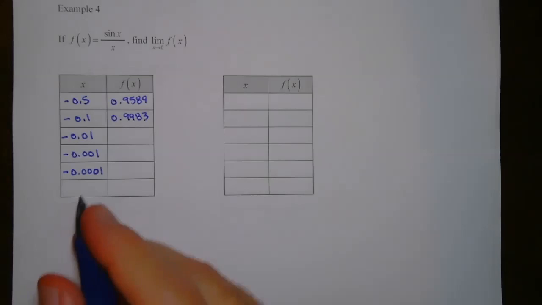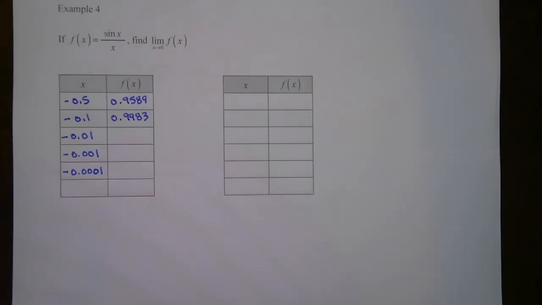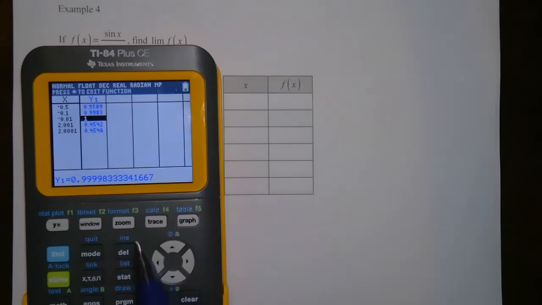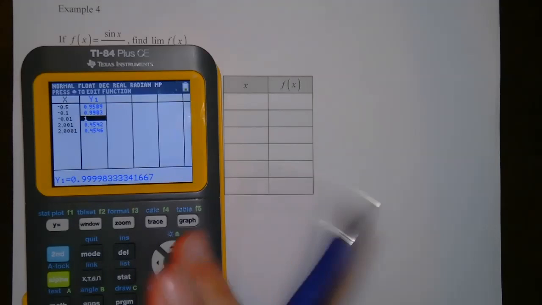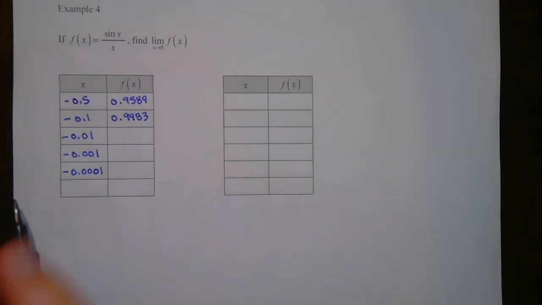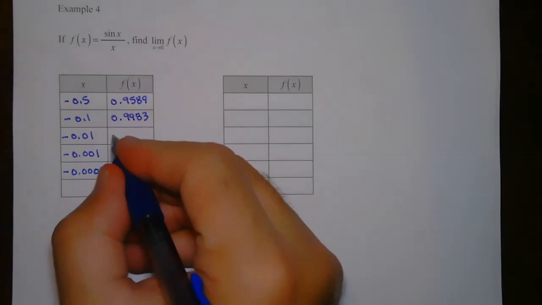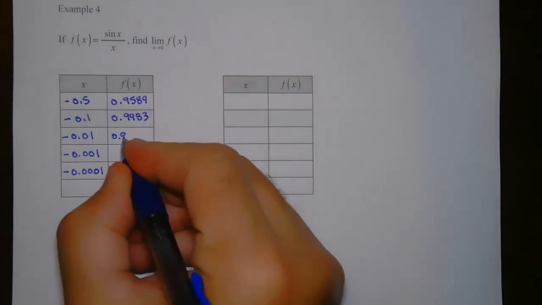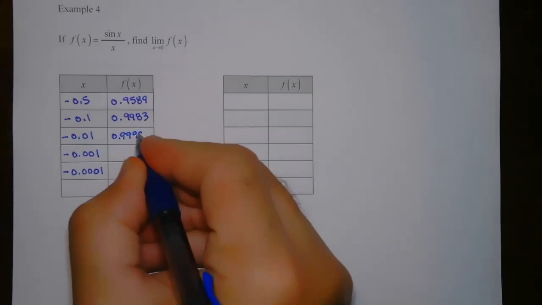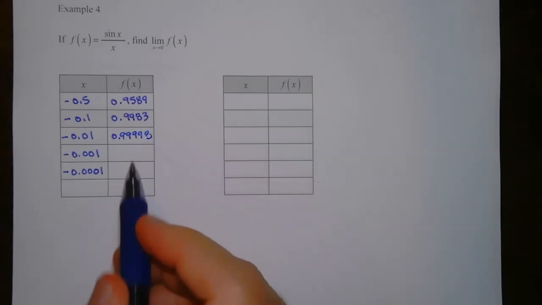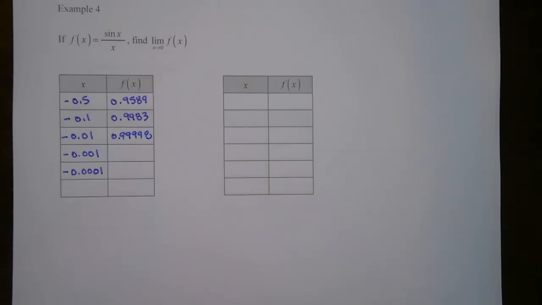And automatically it's giving us 1, okay? So I'm going to highlight it. It's really not 1, okay? If you look at it, 0.9999, okay? It's just rounding it to 1. Just to show you, this is 0.99998. And so it gets close to 1 pretty quickly, okay?